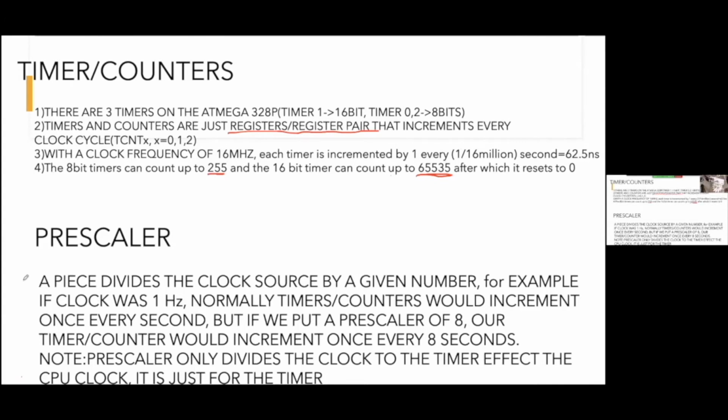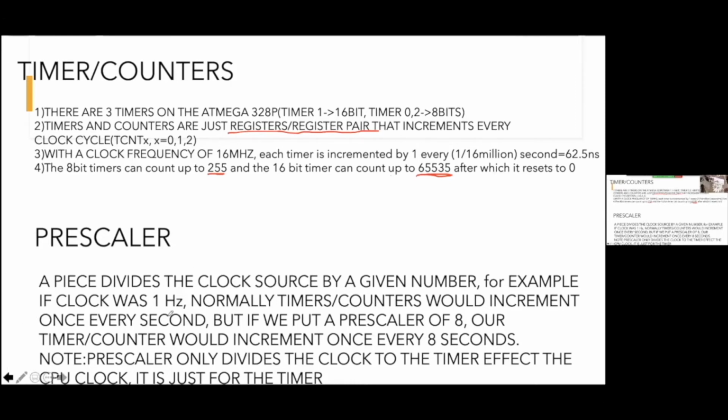What is the prescaler? A prescaler is a piece of hardware that divides the clock by a given number. For example, if the clock was 1 hertz, very slow, normally the timer counters would increment once every second. But if we put a prescaler of 8, then a timer counter would increment once every 8 seconds, because you are dividing the clock by 8.